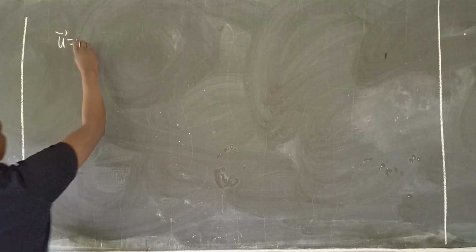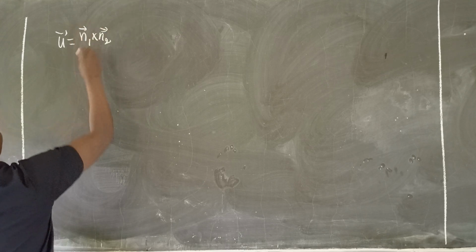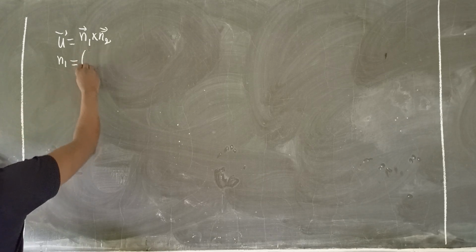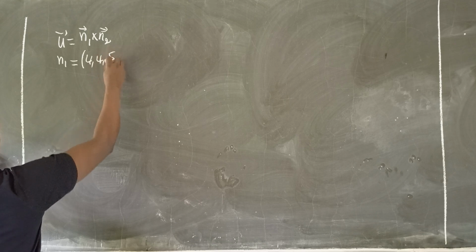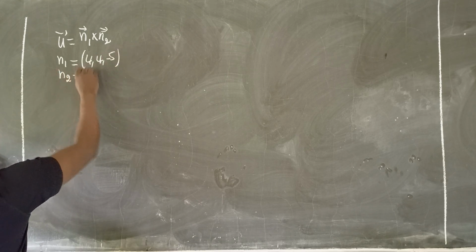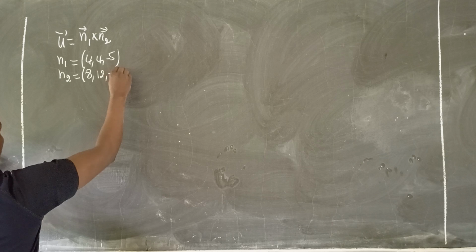To continue, our U, which is the cross product of N1 and N2, where N1 has the coordinates 4, 4, minus 5 according to our equation, while N2 has the coordinates 8, 12, and negative 13.